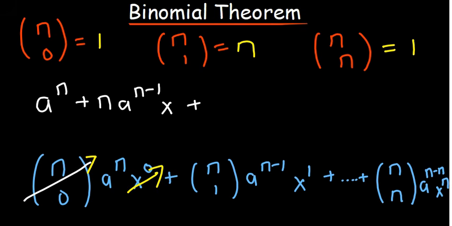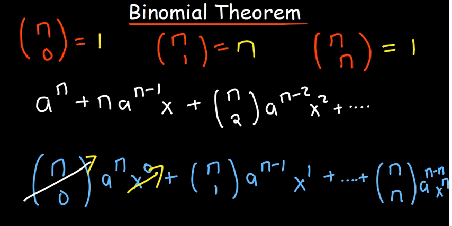At this point, it becomes necessary for you to begin choosing. n choose 2, a to the power n minus 2, x to the power 2, and so on and so forth. And then of course for the last one, that is equal to 1, so it will end up with x to the power n as well. So that is the simplified form of the binomial theorem.